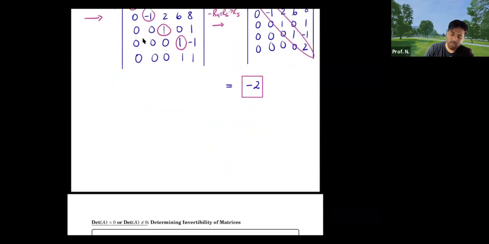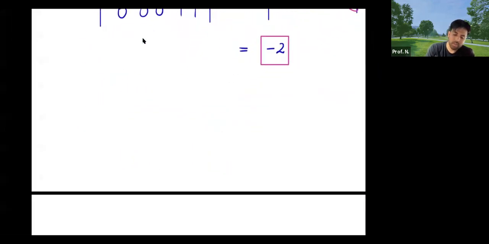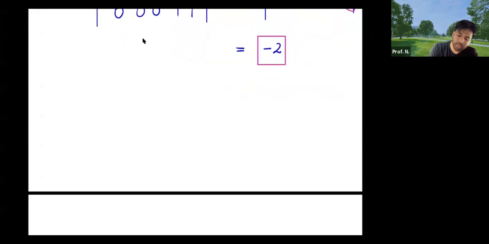Okay, so I'll give you a few problems here now, and you tell me what you think they are. What is the determinant of this matrix?